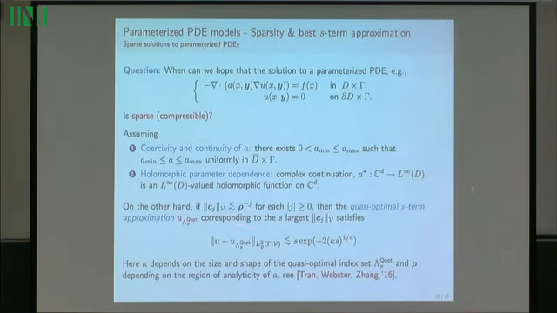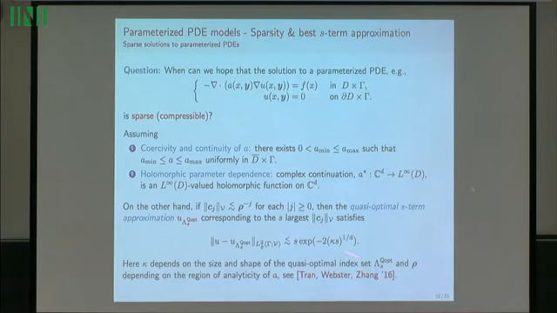On the other hand, if I just look at taking the largest bounds, so let's say I have some bounds on my coefficients of the form rho to the minus j, and I want to take the largest of these, then I'll define that to be a quasi-optimal S-term approximation, and that would satisfy an error rate that looks something like this: S times e to the minus 2 kappa S to the 1 over d.